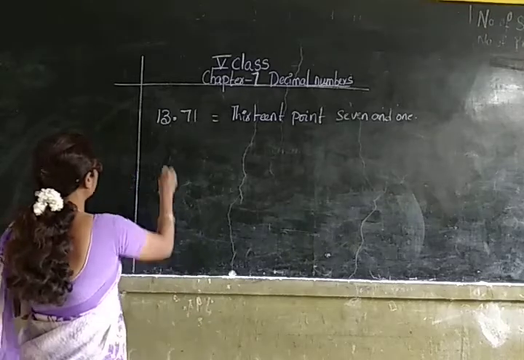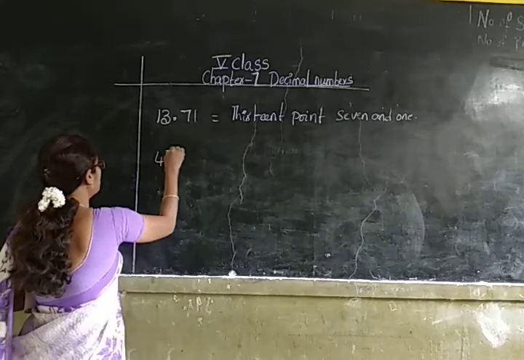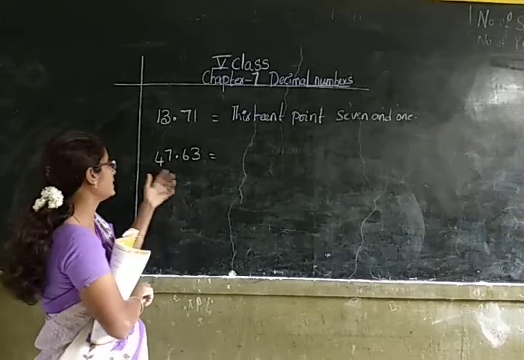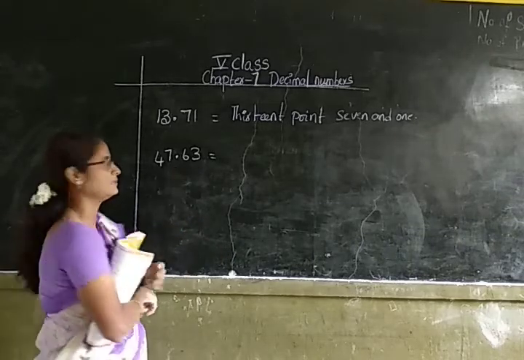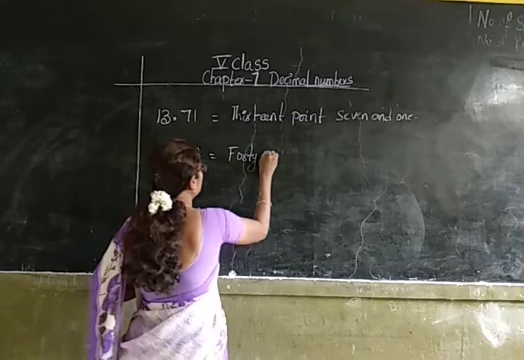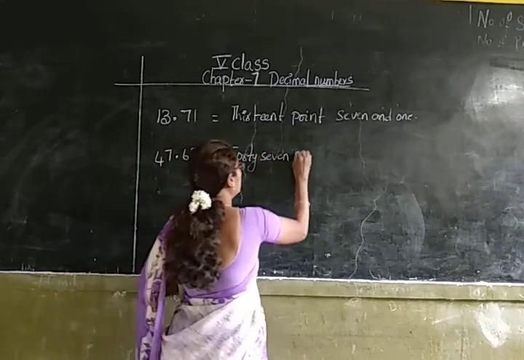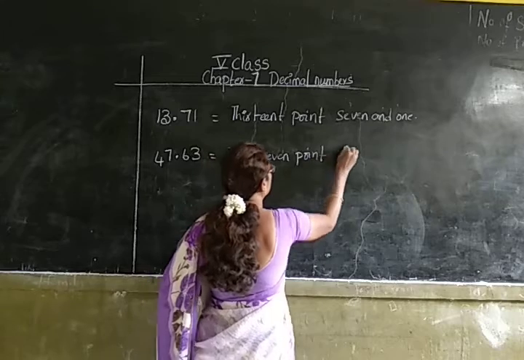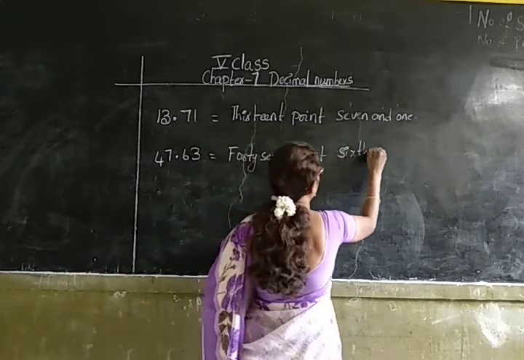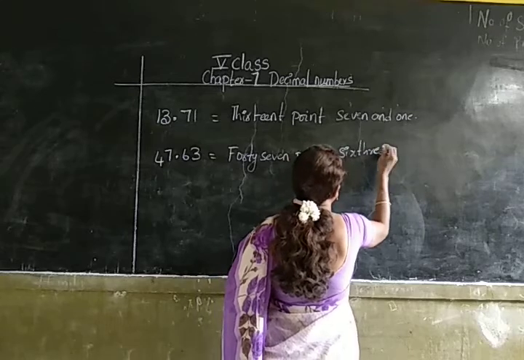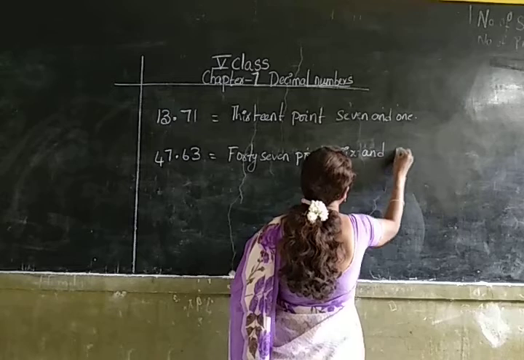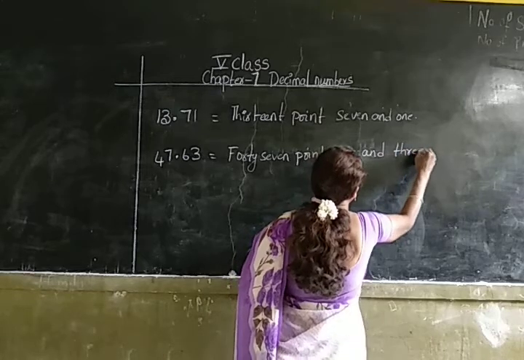Similarly, let us try to read the next number, that is 47.63. You have to read this number as 47 point 6 and 3.